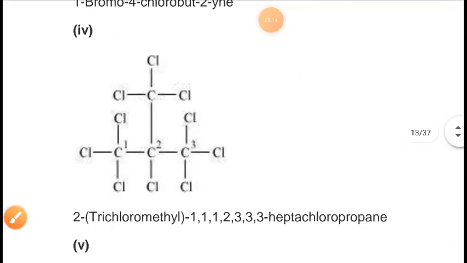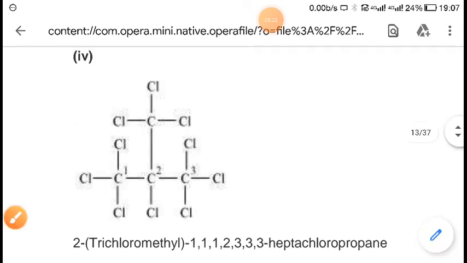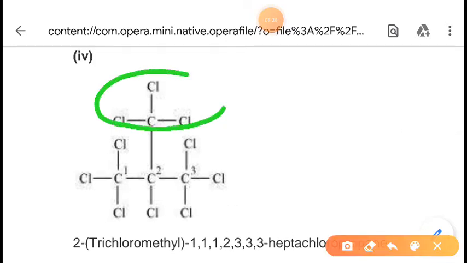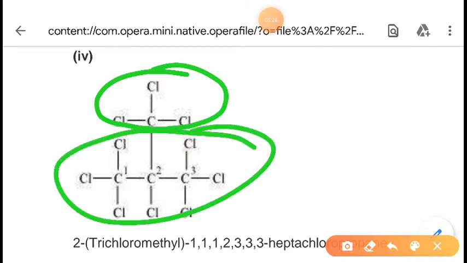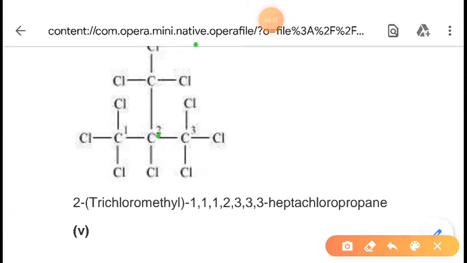Now question number 4, it is a little bit confusing, but don't get confused. This one we will name separately, and this one we will name in a separate order. First of all, we will name this. This is trichloromethyl, right?